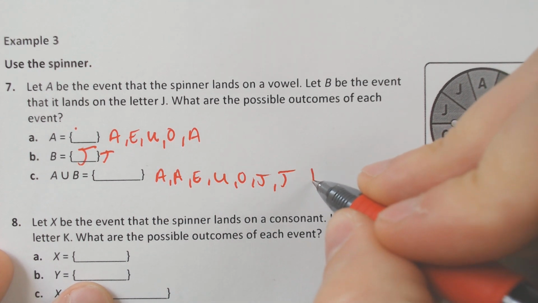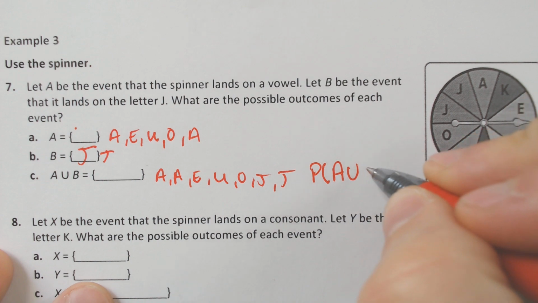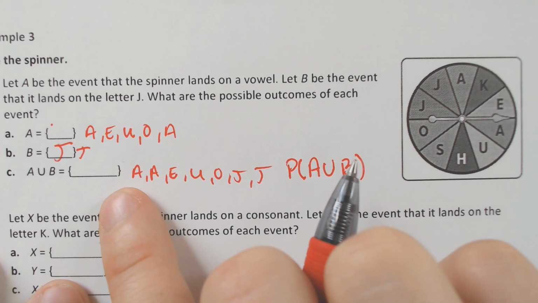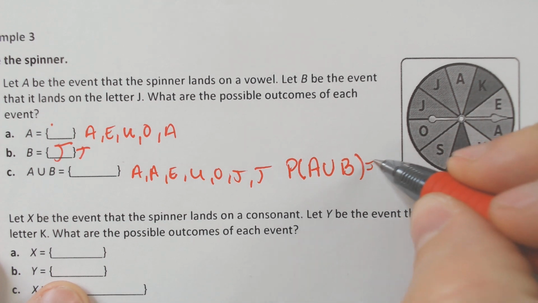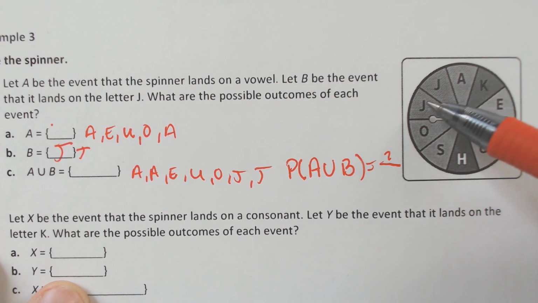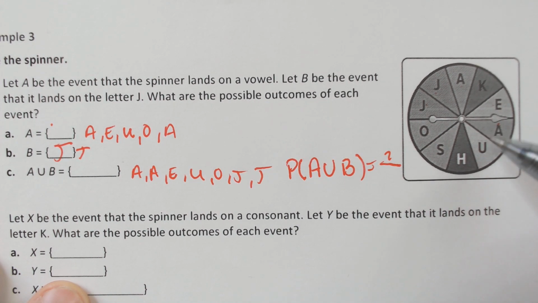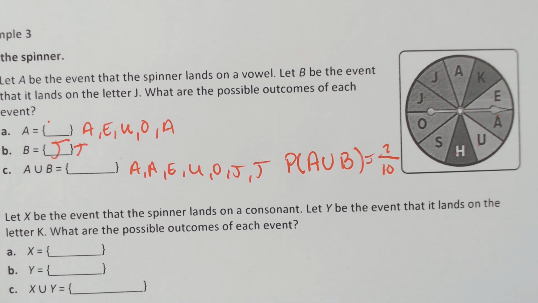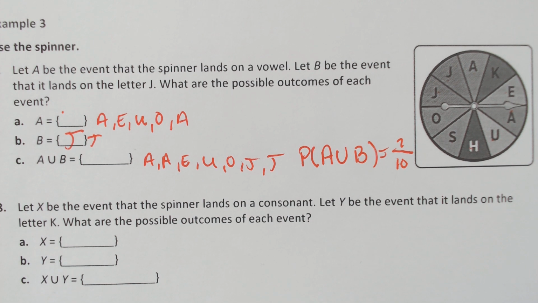And if you wanted to find the probability of A united with B, or A or B occurring, that would be 7 correct answers out of the total, which is 1, 2, 3, 4, 5, 6, 7, 8, 9, 10. So you have a 7 out of 10 chance of the event of it being a vowel or being the letter J.